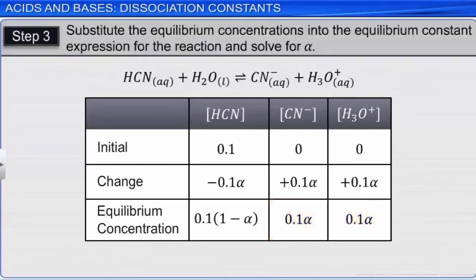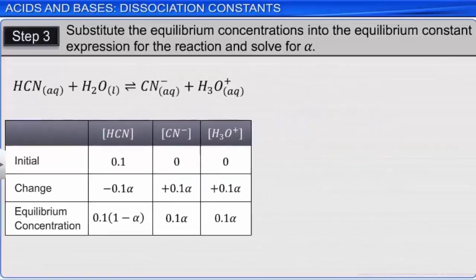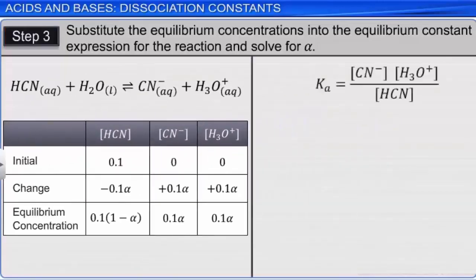In the third step, substitute the equilibrium concentrations into the equilibrium constant expression for the reaction and solve for alpha. The expression for the dissociation constant of hydrocyanic acid can be written as Ka equals product of concentrations of cyanide and hydronium ions divided by concentration of hydrocyanic acid.